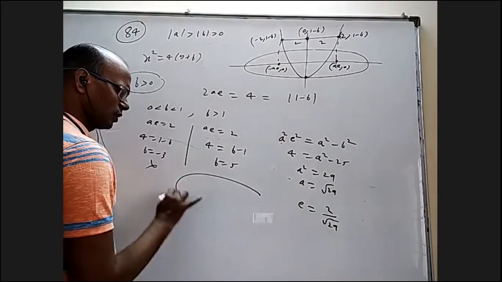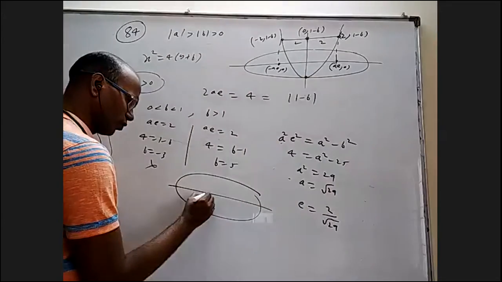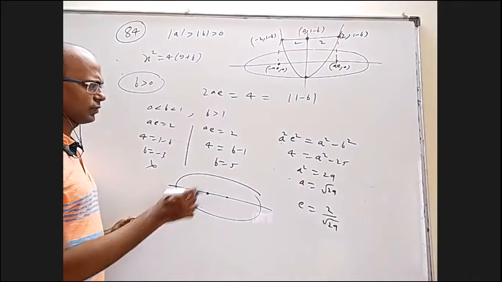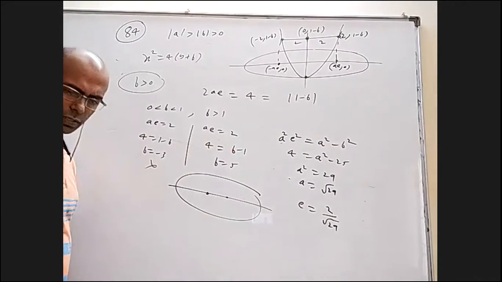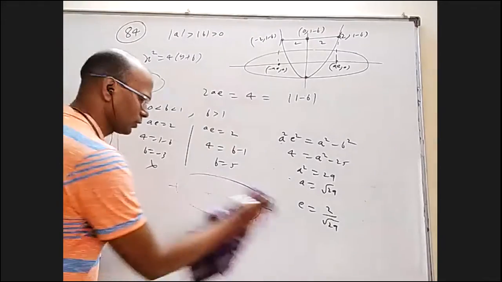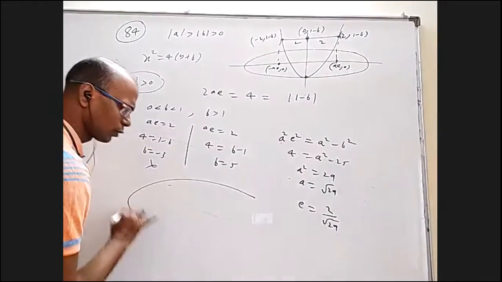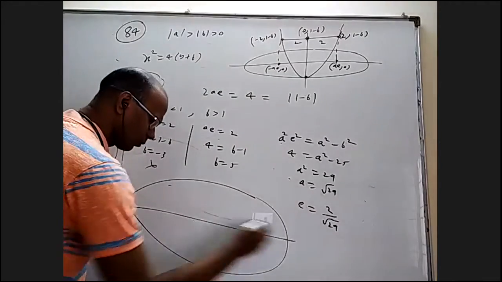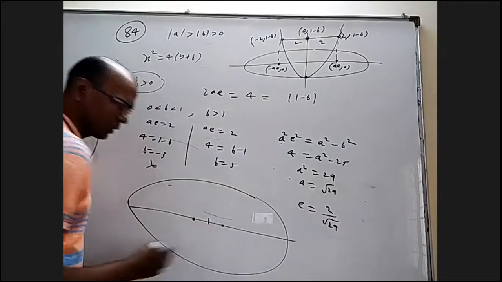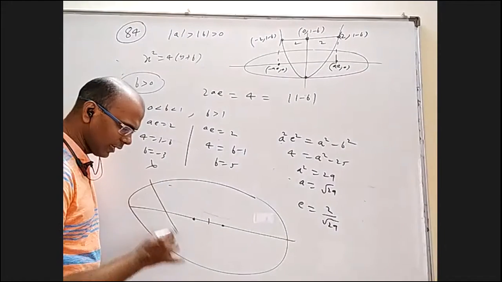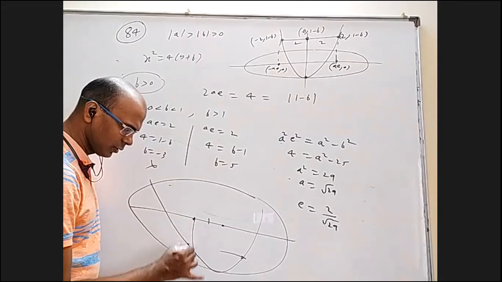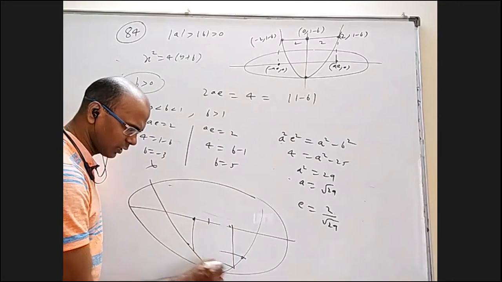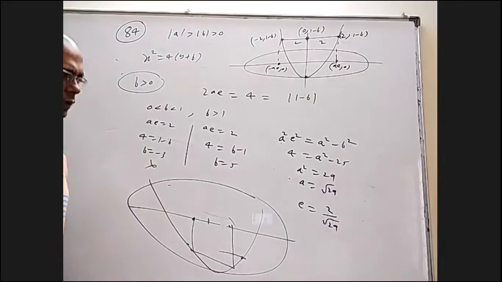Maybe it's an ellipse where the foci are very, very close, the ae value is very small, but the ellipse is quite big. I can have too big an ellipse but foci very close to the center, quite possible. And I can have a parabola like this where the latus rectum is right here, and I'm sure I can get a square like this, quite possible. That is this case.